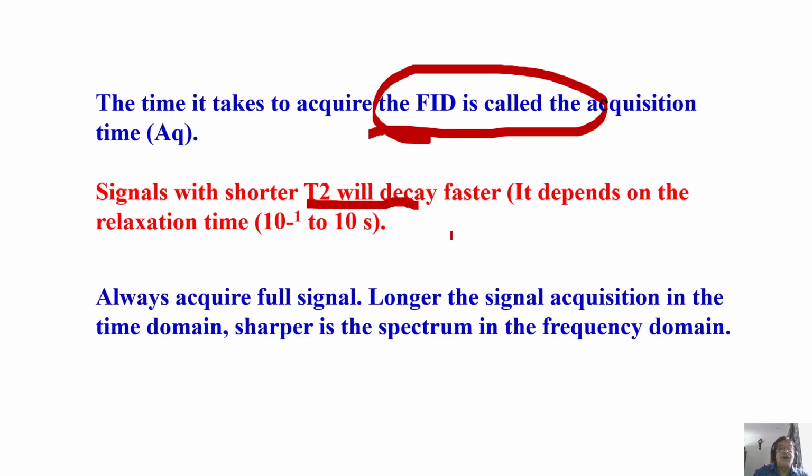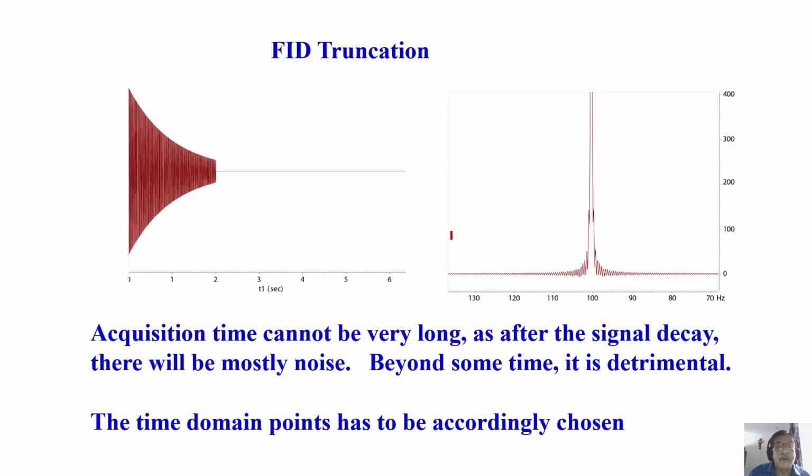So you have to acquire the FID before the signal dies down. Of course, you can keep on acquiring even after the signal dies down, but then you will have only noise afterwards. So the optimum choosing of the period for which you acquire signal, the acquisition time, is also something you have to optimize. You have to properly choose.